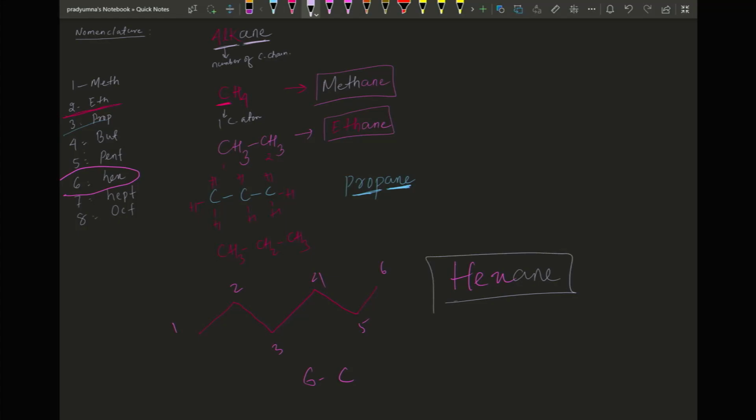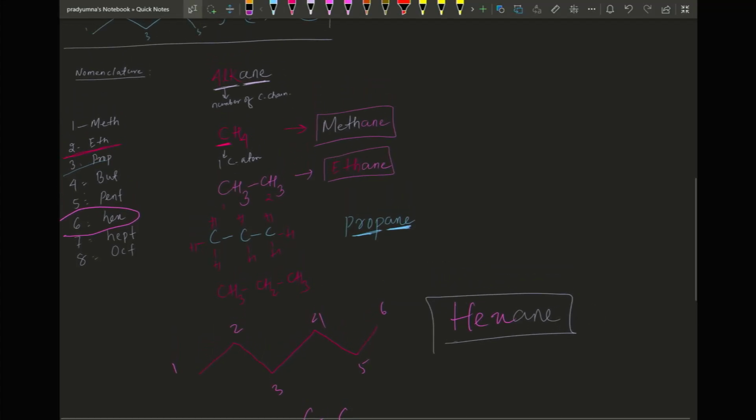This type of naming convention is called IUPAC naming convention. This means International Union of Pure and Applied Chemistry. You might be asked in your homework or exams, what is the IUPAC name of an alkane with 5 carbon atoms?